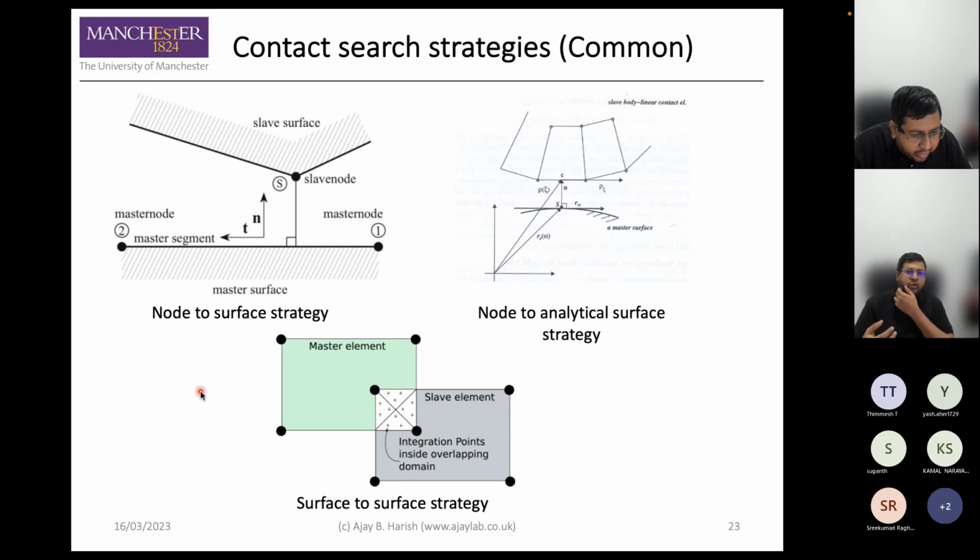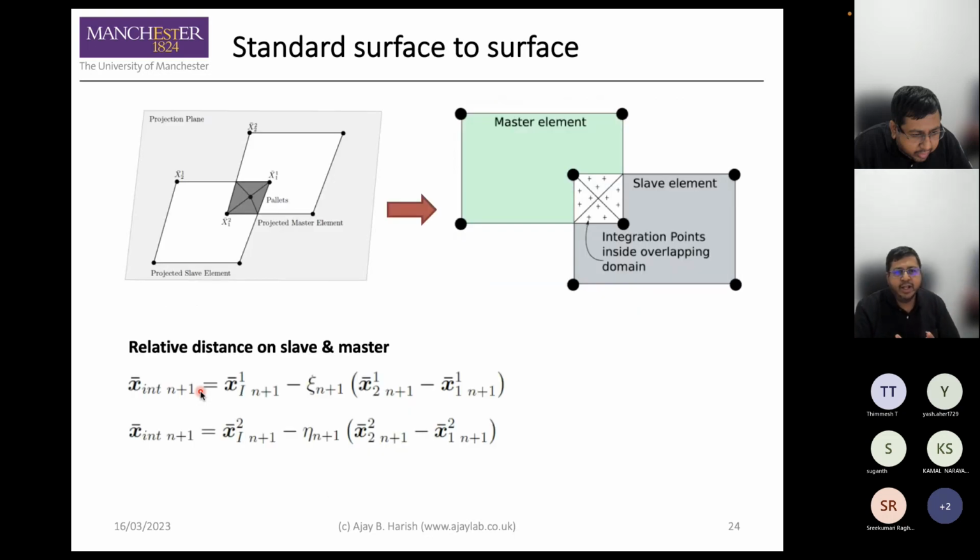Especially when you have large sliding, node to surface strategies could fail quite a bit. That's the reason why we want to look at surface to surface. Another problem with surface to surface is that it could also happen that when you have large rotations, let's say if your two bodies are rotating against each other, then the surface to surface strategies will fail.